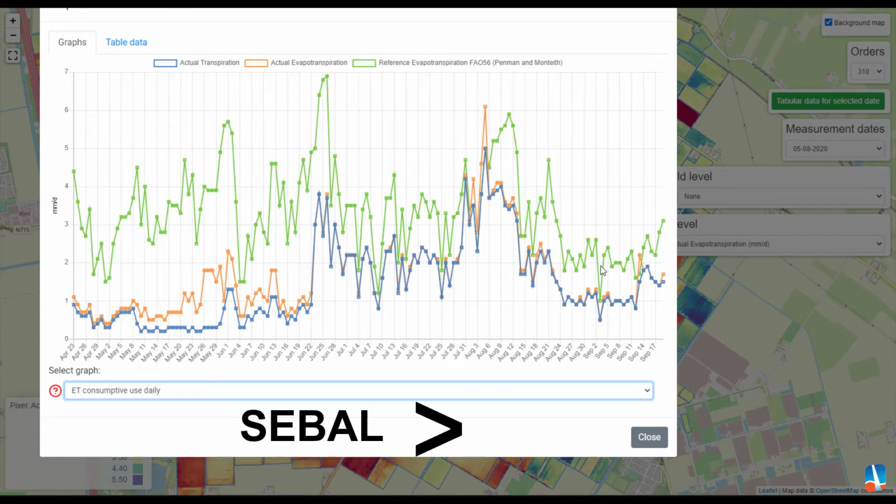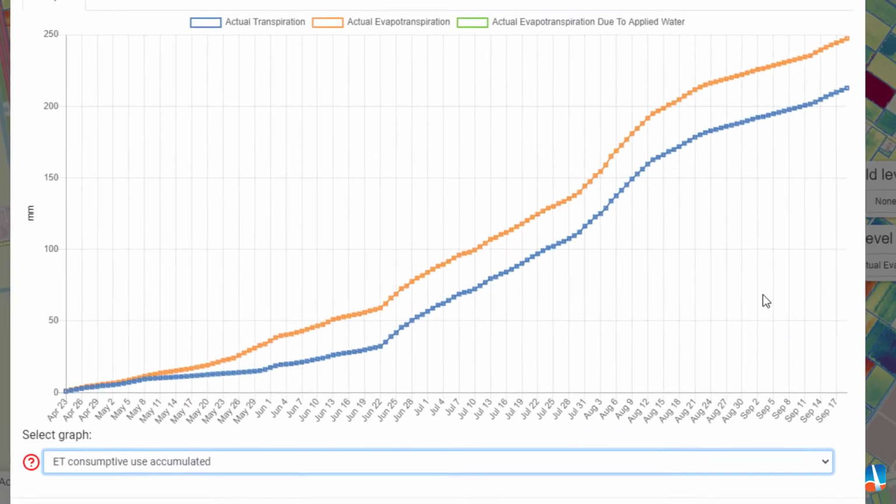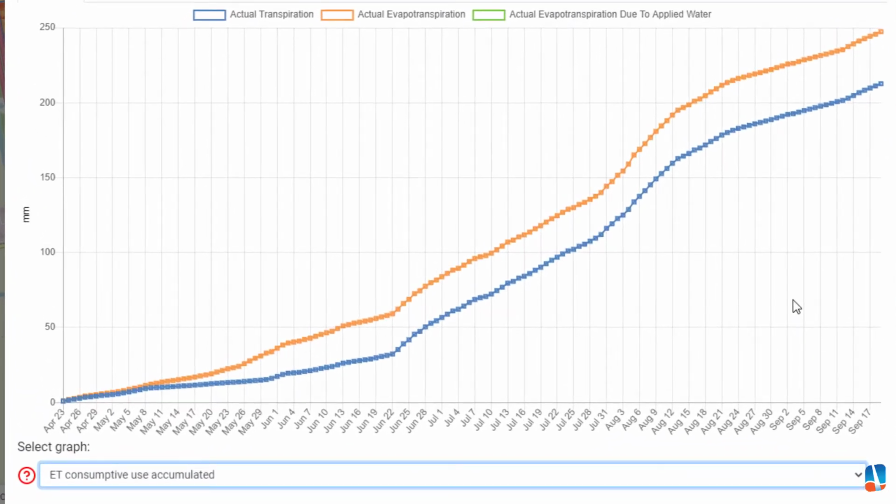This method is much more accurate than applying the well-known Penman-Monteith equation and a crop coefficient, Kc. This method is from the 60s and is an old method. The ET originates from both applied water and precipitation.